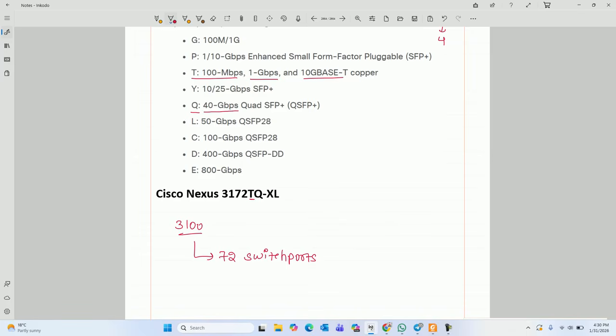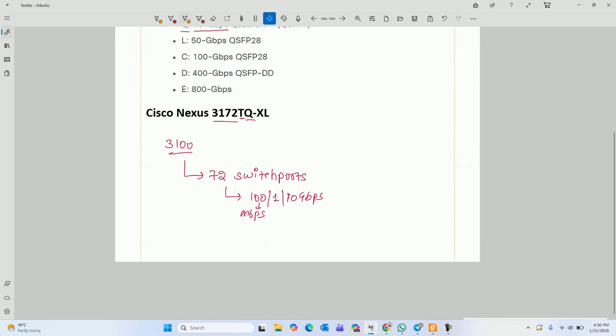Q means quad, 40 Gbps. So this particular switch can have switch ports with bandwidth from 100 Mbps, 1 to 10 Gbps, because one switch can have interfaces with different bandwidth.